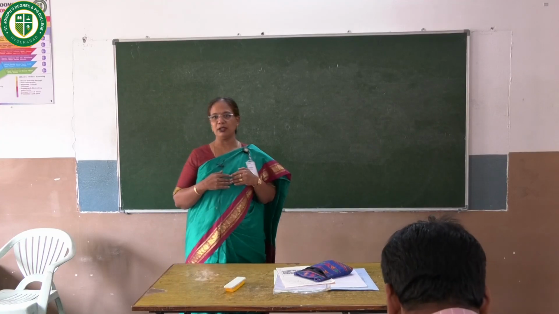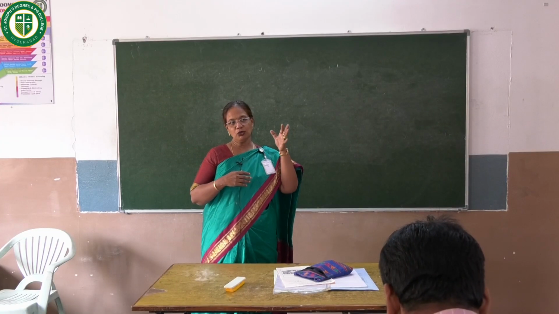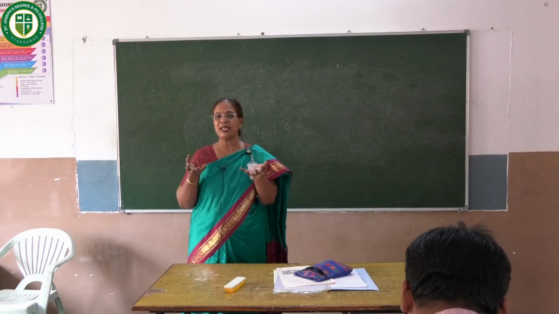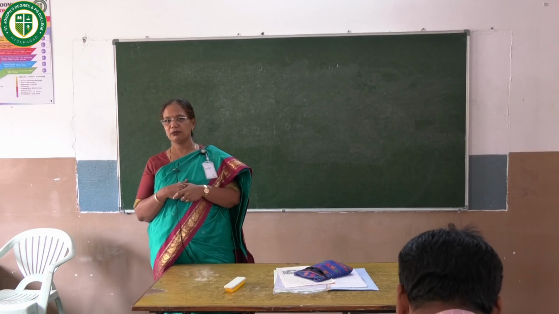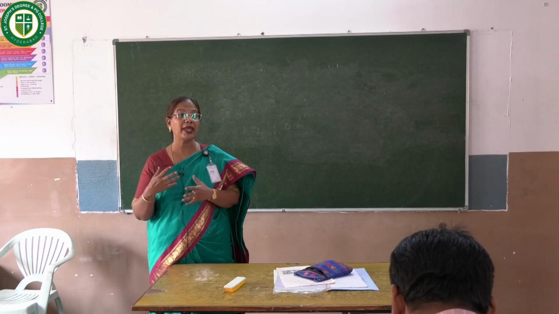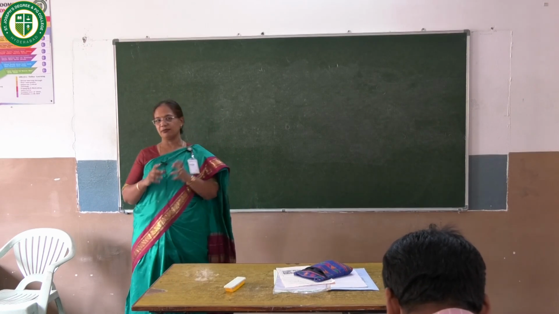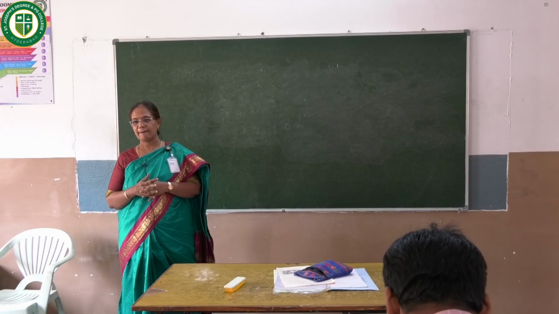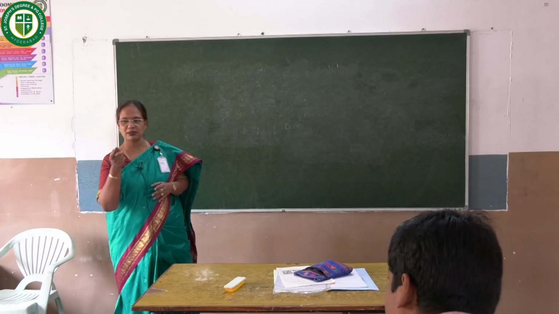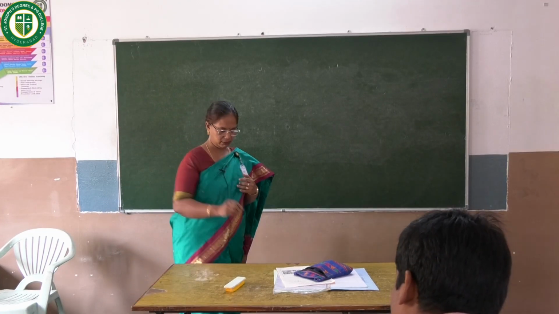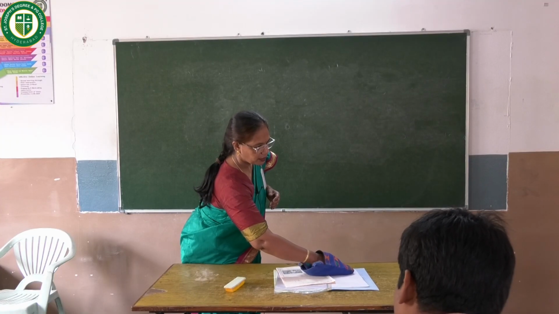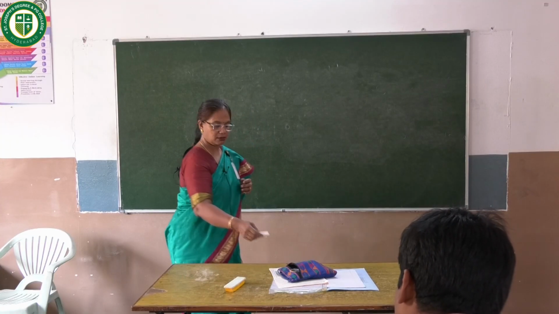Going ahead with, now to write, what is the basis for us to write? What is the basis for us for writing? Okay, you say it is style. Okay. What else?